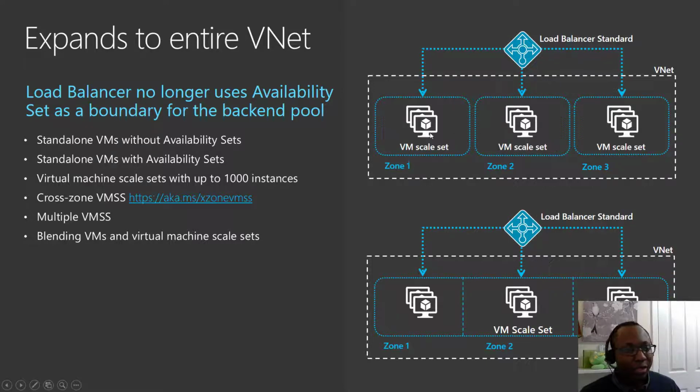So instead of having to create a VM scale set for zone 1, a VM scale set for zone 2, a VM scale set for zone 3, and then point your standard load balancer to distribute load to all three, you just create a single resource, which is a zone redundant VM scale set, and specify I want you to distribute the VMs across zone 1, zone 2, and zone 3 and make them equal across all three zones.